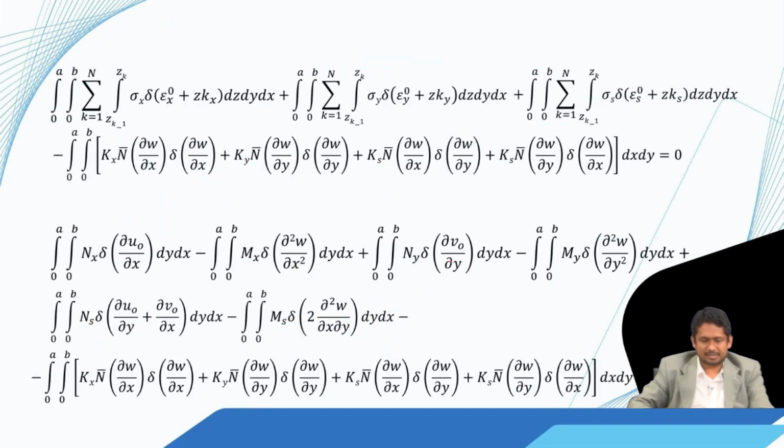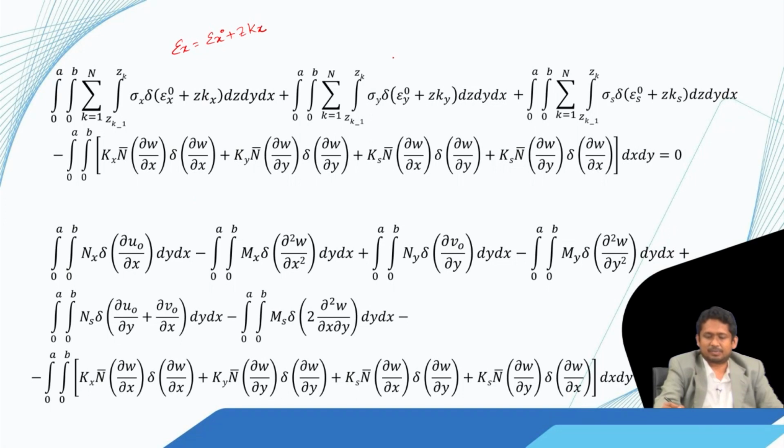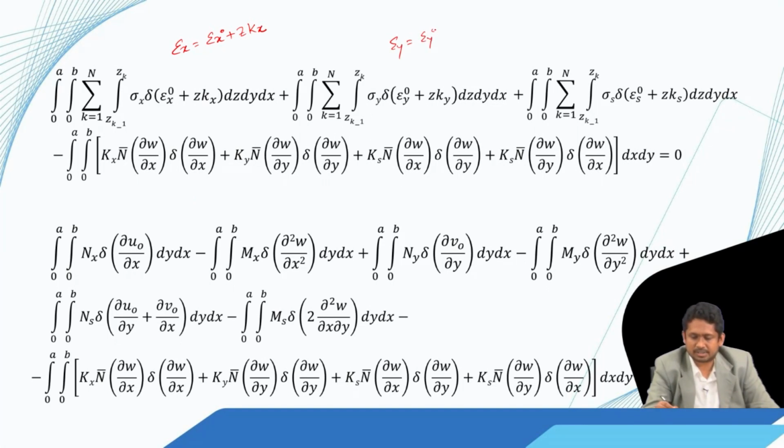Now, let us write the strains in terms of their components. We know that epsilon x is epsilon x 0 plus z multiplied by kappa x, epsilon y is epsilon y 0 plus z multiplied by kappa y, and epsilon s is epsilon s 0 plus z multiplied by kappa s.